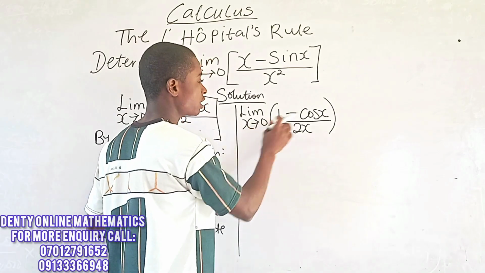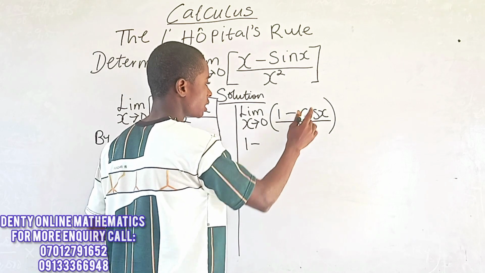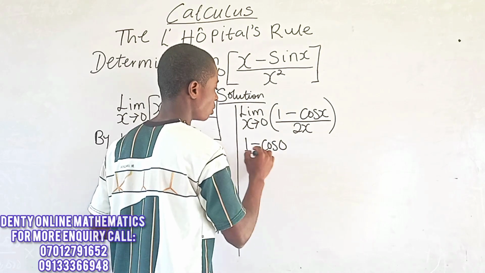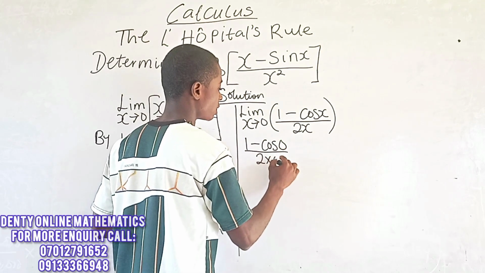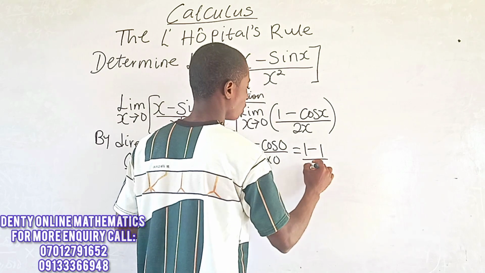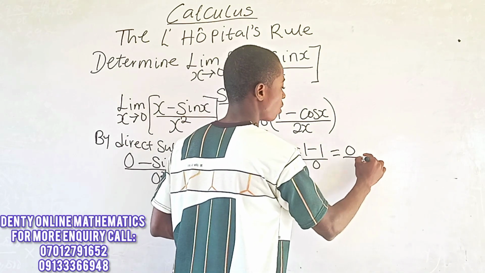Now by substituting these values into it, we are going to have 1 minus cos 0, because x tends to 0, all over 2 times 0, which is the same thing as 1 minus cos 0, which is 1, all over 2 times 0, which is 0. And then 1 minus 1 is what? 0 over 0.